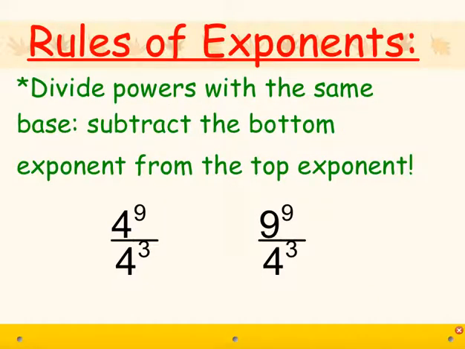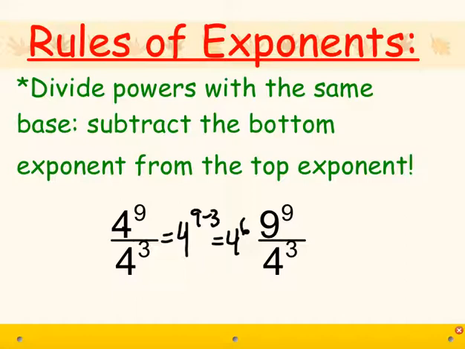Second rule, if we are dividing powers with the same base, we can subtract the bottom exponent from the top exponent. So if we have our same base, like these 4's, 4 to the ninth divided by 4 to the third, we would say 4 to the 9 minus 3, so that's 4 to the 6th.